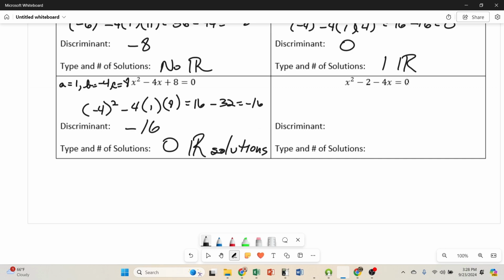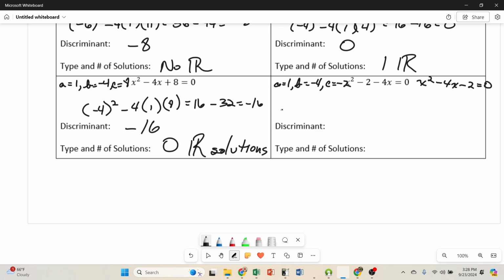Over here we've got to write this in descending order. It's not written properly, so we'll put it here. x squared minus 4x minus 2 equals 0. a is 1, b is equal to -4, c is equal to -2.